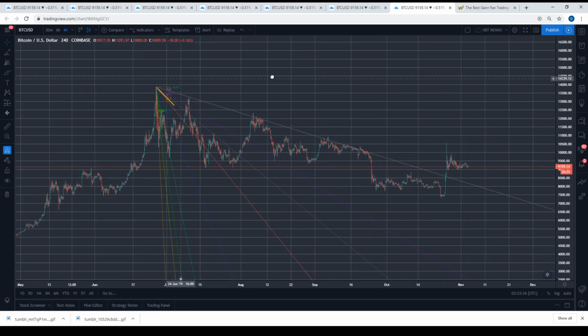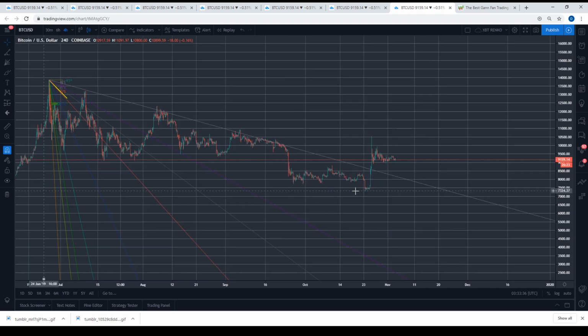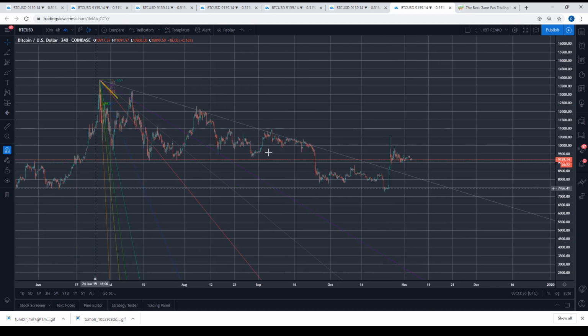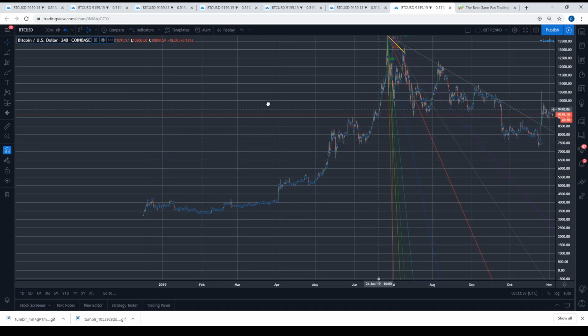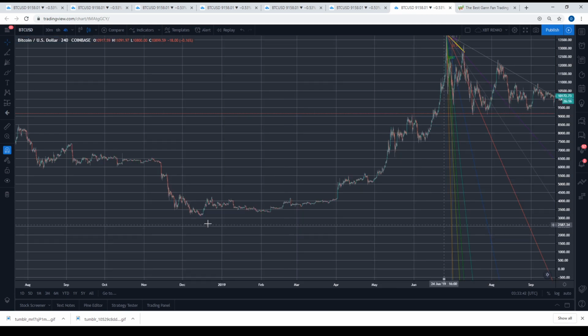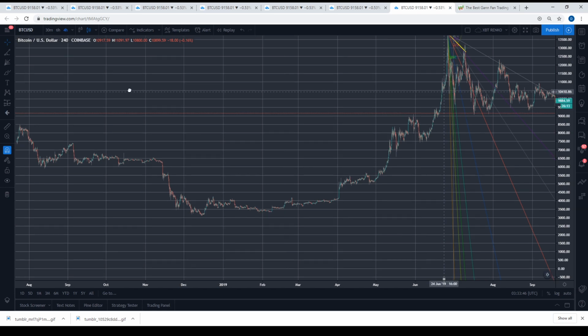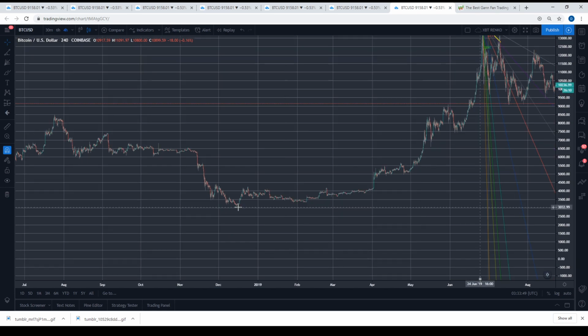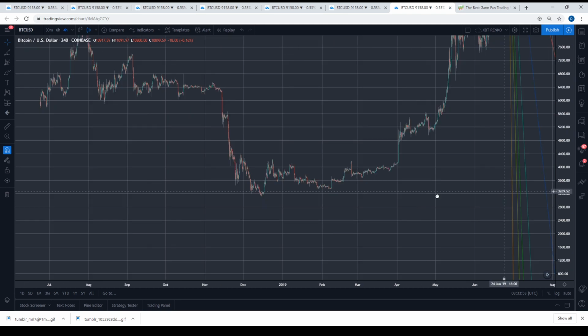Okay, now let's go to this pivot low here. We're not going to go to that pivot low. We're going to go to this pivot low. Okay, this pivot low right here in the winter. That's what's important. And again, like I said, zoom right in.